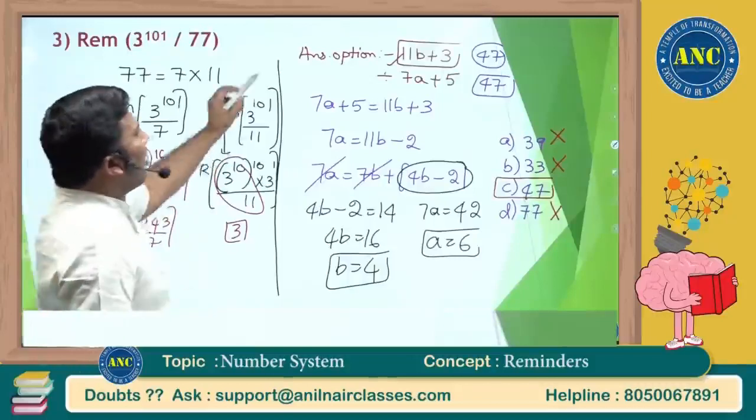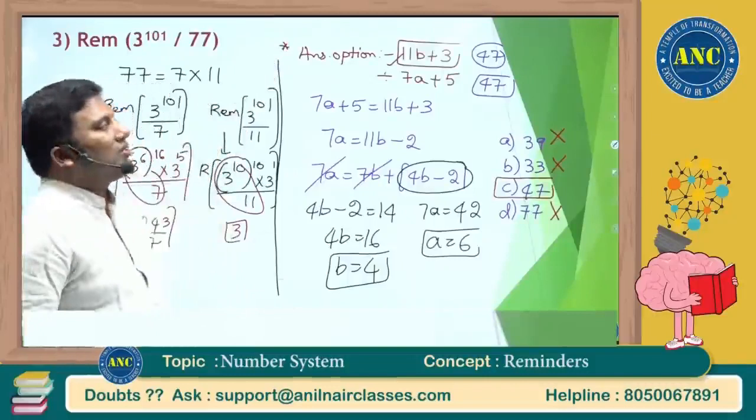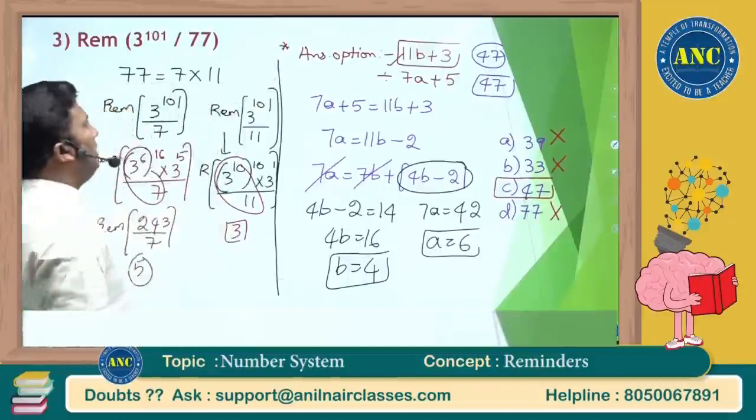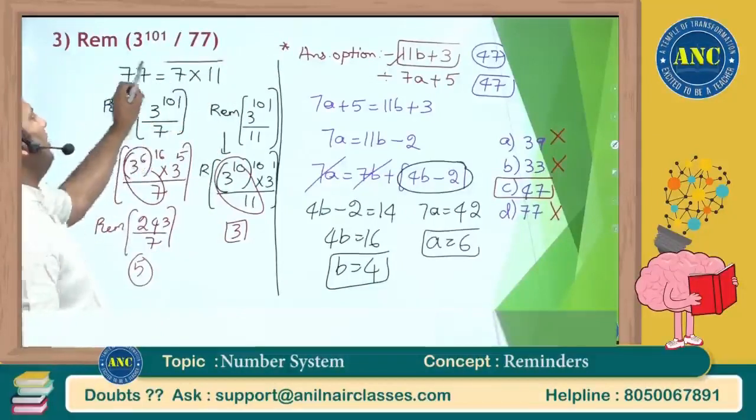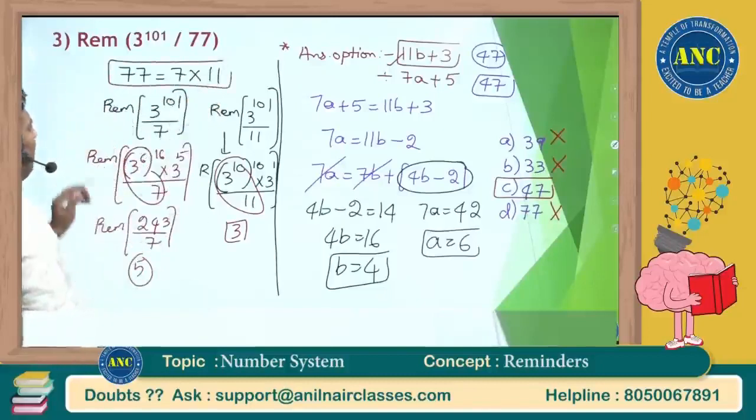Once you got till here, please keep an eye on the answer options and try to eliminate. 77 is 7 into 11. First I divided by 7 and got the remainder 5.